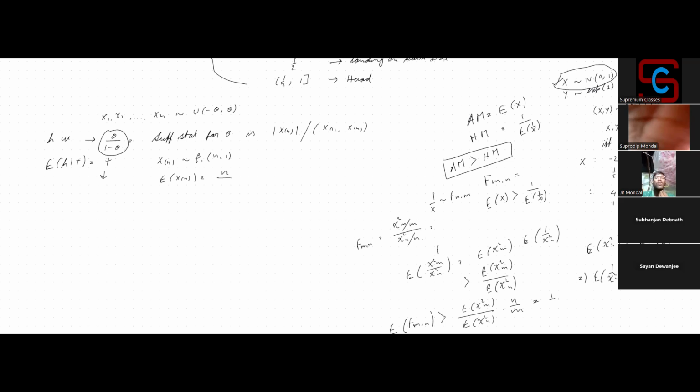So what does this expression give you? The expectation of H given T will be a function of T, a function of the complete sufficient statistic. So you are finding an unbiased estimator which is only dependent on T. Is it true?